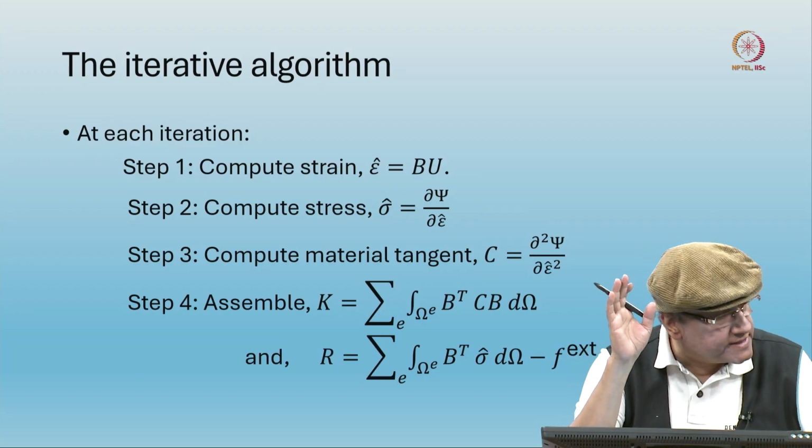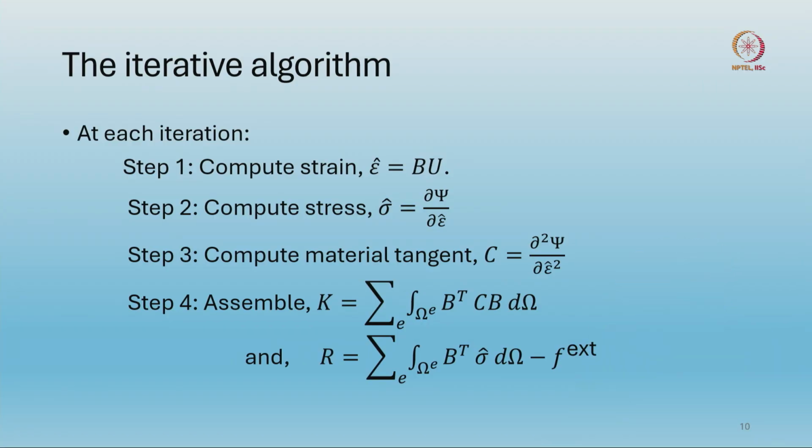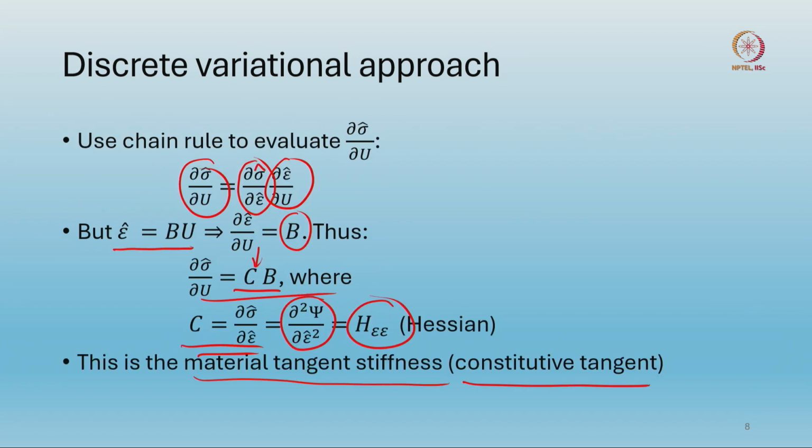What we have so far done, I will continue with this when we describe the iterative algorithm. But so far let us understand one thing. What we have tried to do is basically linearize the problem. The first requirement is also a form of linearization, which is δΠ equal to 0. Any derivative you take, you are essentially linearizing. But that does not fully linearize the problem. δΠ equal to 0 is rather thought of as the condition for stationarity to find the equilibrium solution.